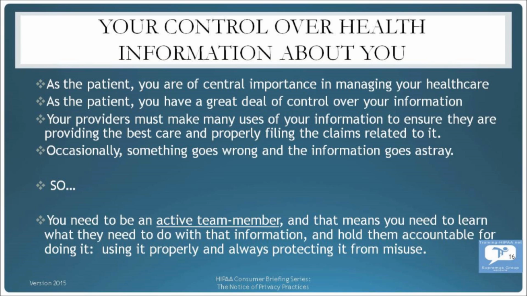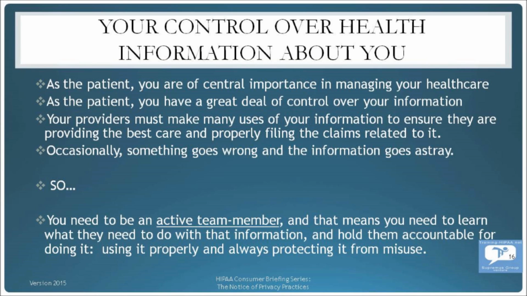But the reality is occasionally some of this information goes astray because something has gone wrong somewhere. Someone's mishandled something, someone's misaddressed something. Sometimes these are accidents. Sometimes they're unfortunate circumstances. Whatever the case is, though, these things do happen.